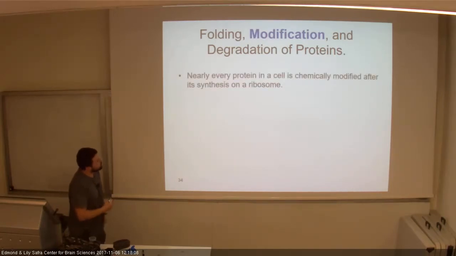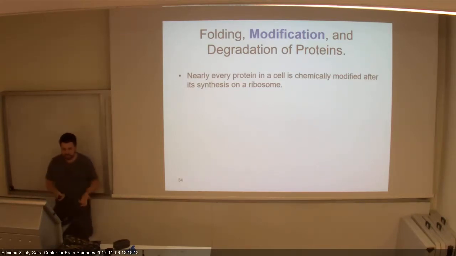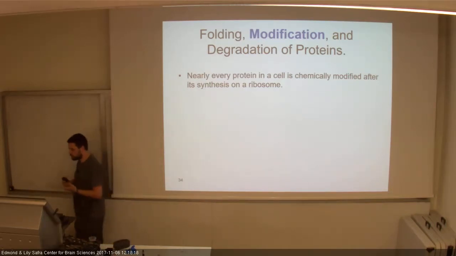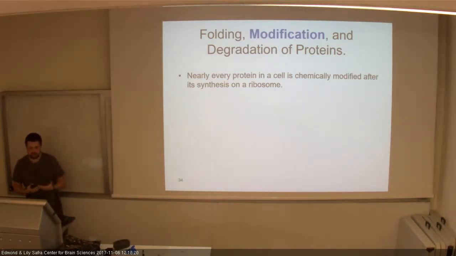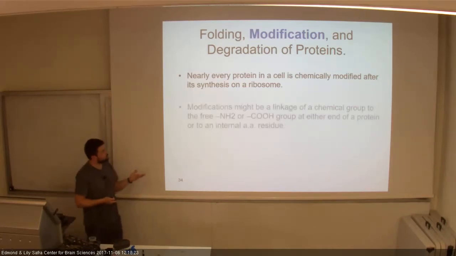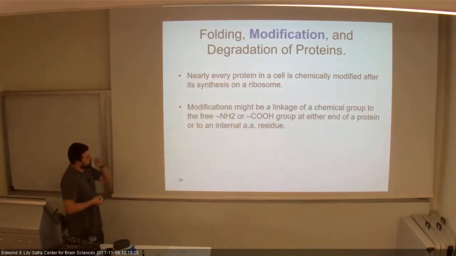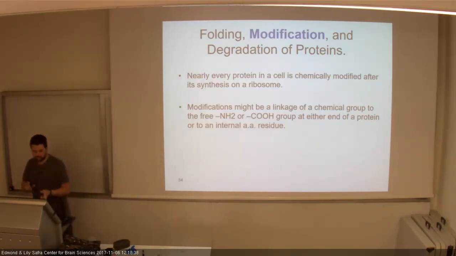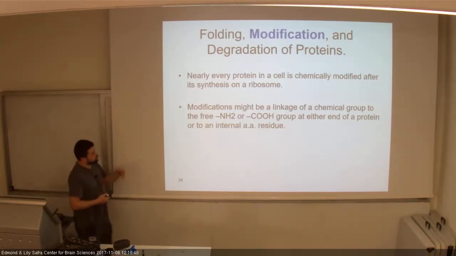So after the protein is produced and has assumed its native state and everything is good, it doesn't stop there, because almost all proteins will undergo additional chemical modifications after their synthesis. The most common modifications are a chemical modification at one of the ends of the protein, either the carboxylic end or the amine end, or the modification can also happen on the amino acid residues.